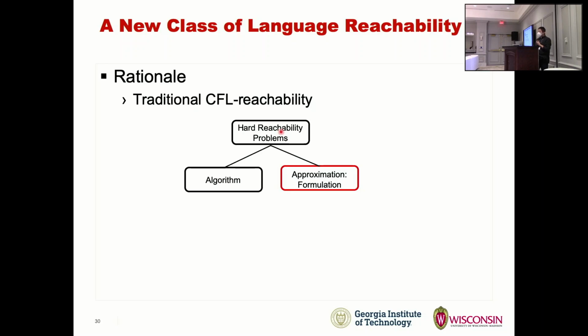To solve the problem, it essentially contains 2 parts. The first is the algorithm: how do you solve the reachability problem if you have the graph and the formulation? The second component is the algorithmic formulation, that is, you have a specific grammar representation of your underlying problem.